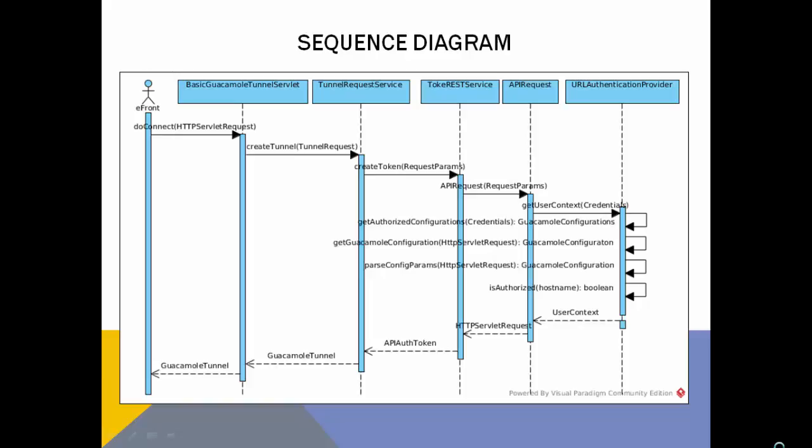To create an RDP connection, Guacamole gets a hold of the HTTP request, extracts the parameters to construct a user context, validates that the remote desktop is within the permitted range, and then creates a tunnel to try to connect to the requested host. The success of the connection relies purely on the validity of the credentials and host address.